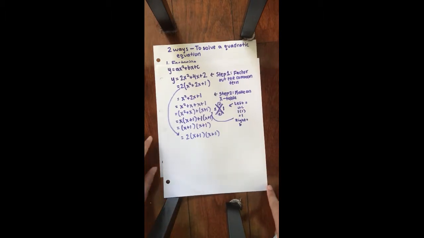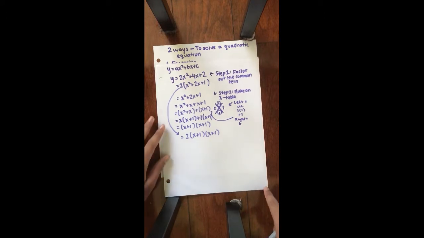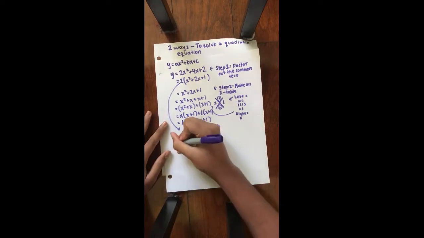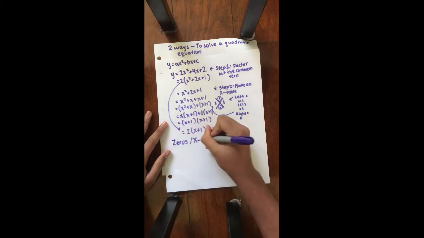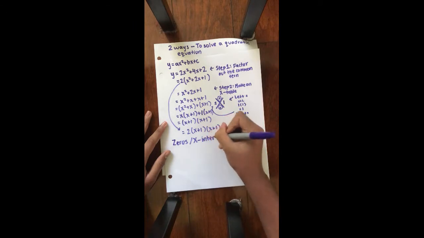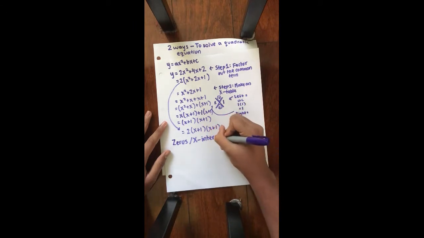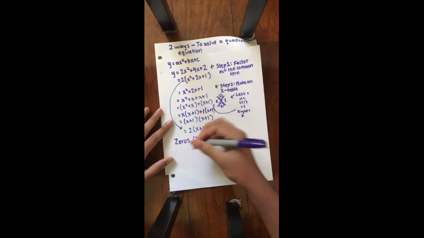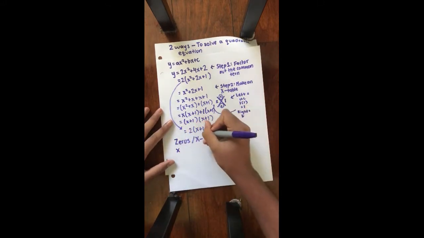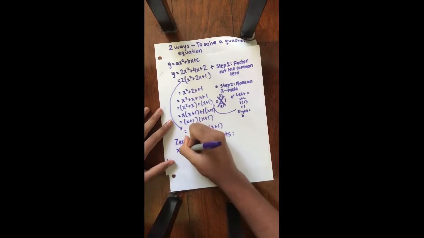Now, since we have factored it, it's easier to find the zeros or the x-intercepts. To find the zeros, we need to set both of the parentheses equal to 0.